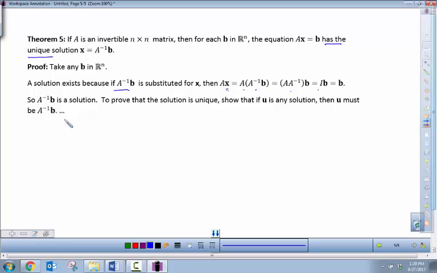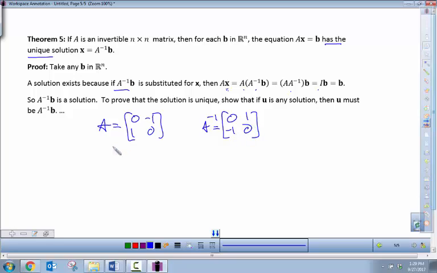So let's do an example of something that we already know of. So we have A is equal to 0, negative 1, 1, 0. And A inverse should equal 0, 1, negative 1, 0.